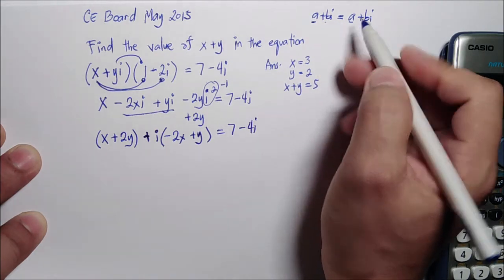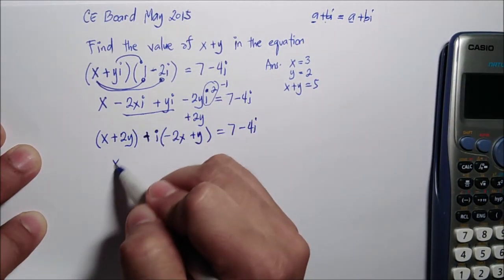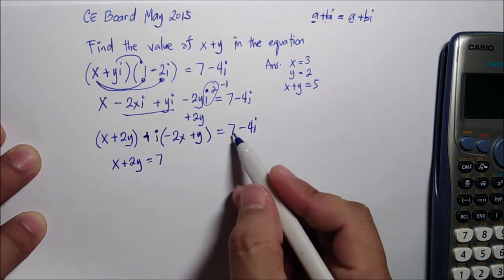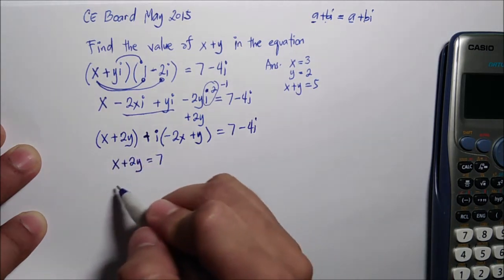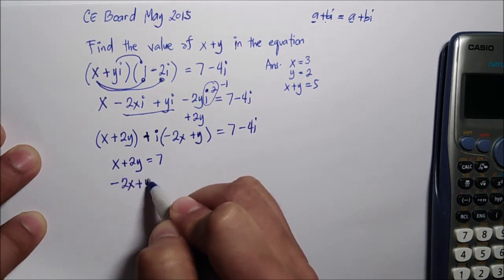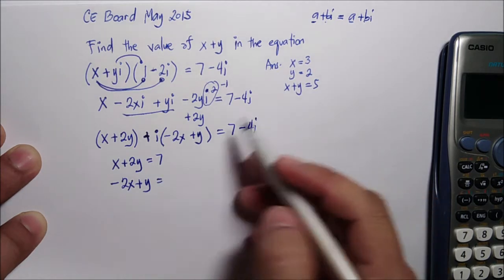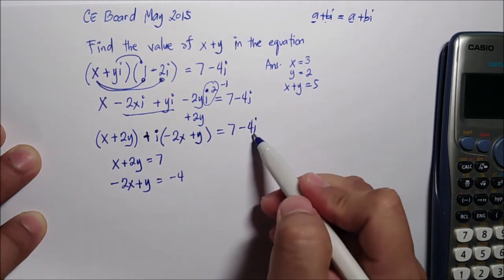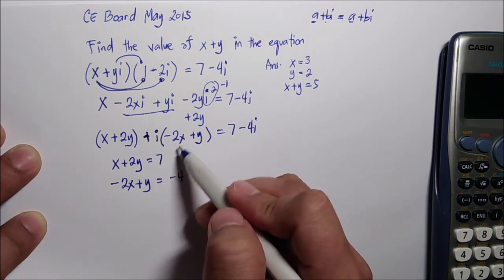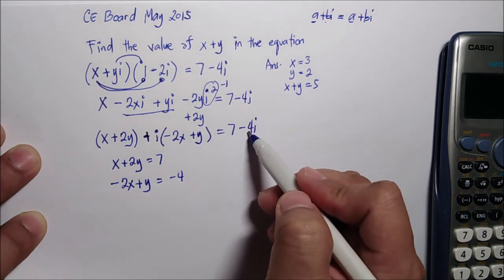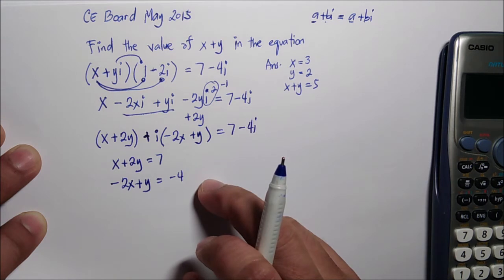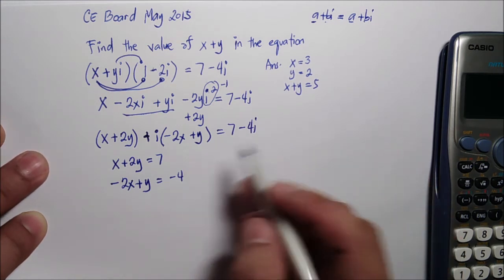Let's apply this concept here: x plus 2y is equal to 7, the real part, and also negative 2x plus y is equal to negative 4, the coefficients of i. So now we have two equations with two unknowns, so we can solve for the values of x and y.